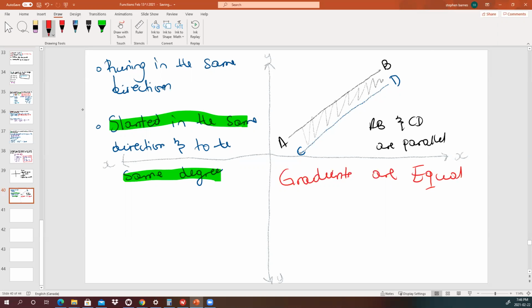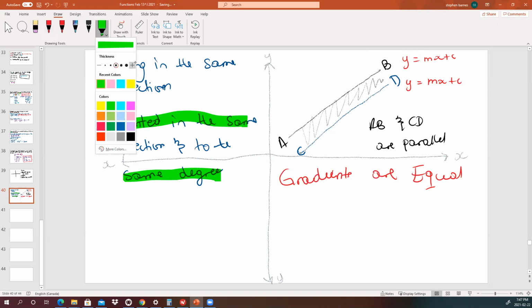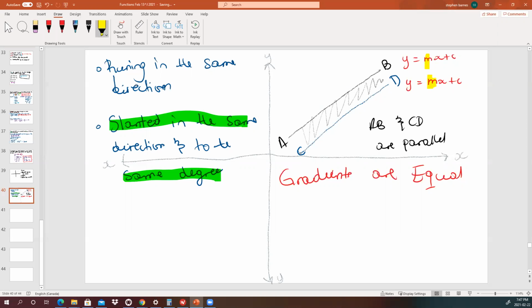So when you write the equation of the line for AB, which is y equals mx plus c, and one for CD, which is y equals mx plus c, the y's and the c will be different, but the m will be the same. The gradient will be the same.